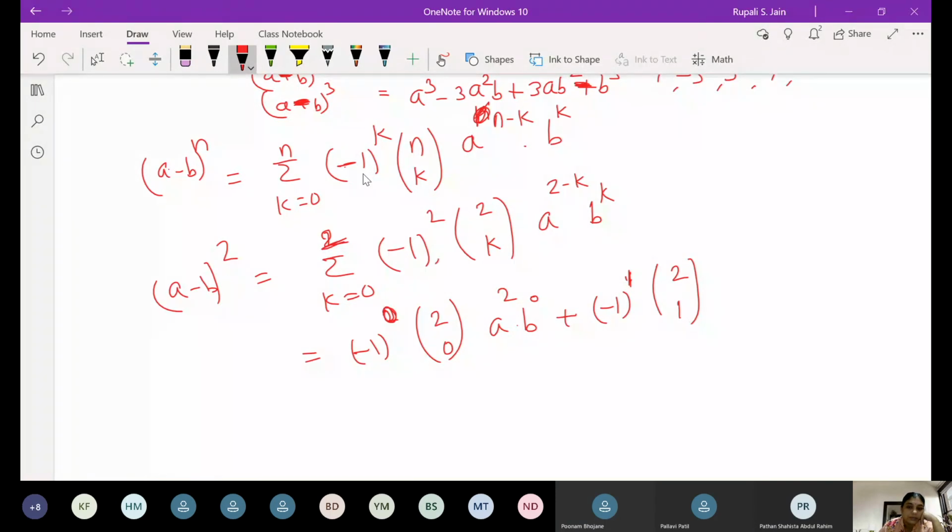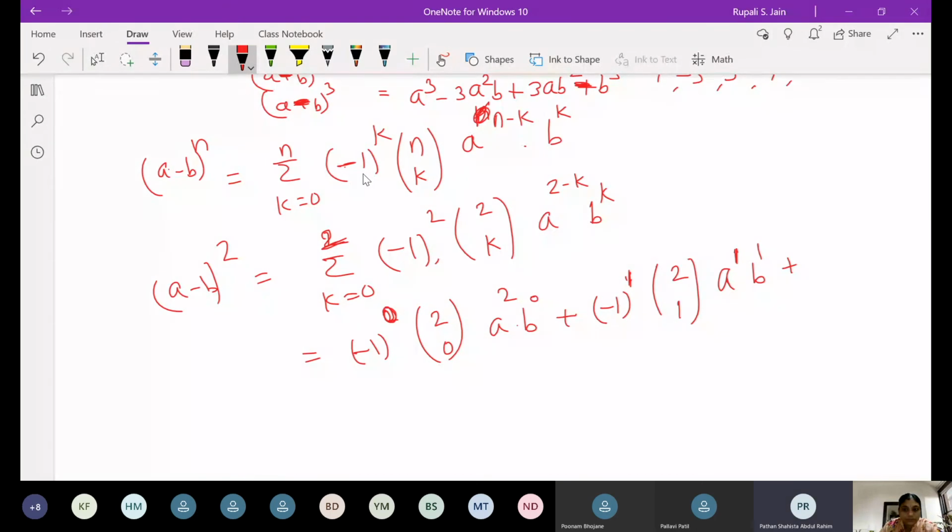Is that okay now? Minus 1 raised to 1, 2 choose 1, a raised to 1 and b raised to 1, and plus, for the second term, k is equal to 2.